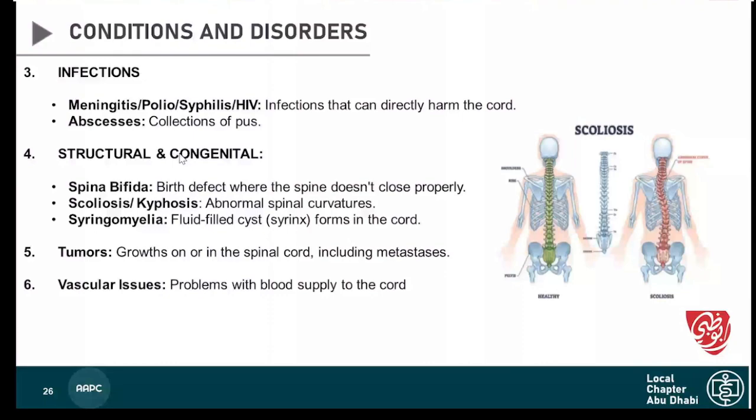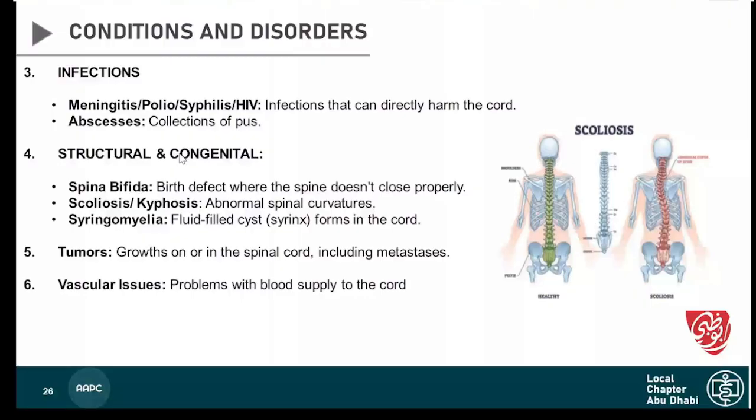Then comes structural and congenital. The conditions that come under structural and congenital include spina bifida, scoliosis or kyphosis, syringomyelia. Spina bifida is a birth defect where the spine doesn't close properly.